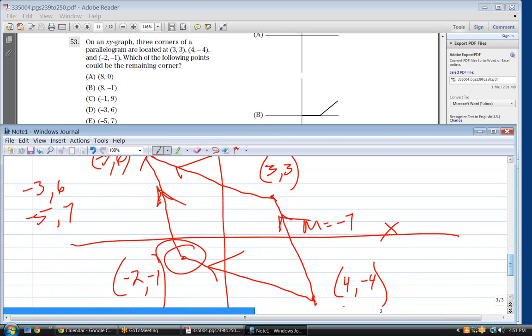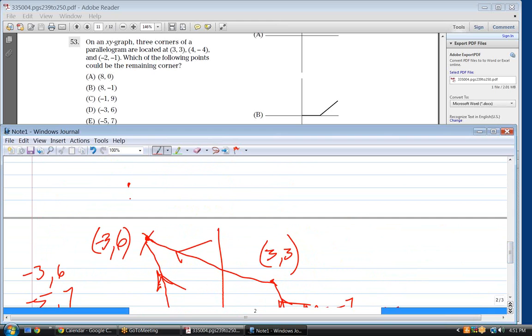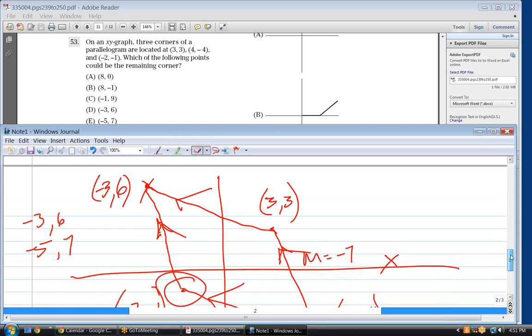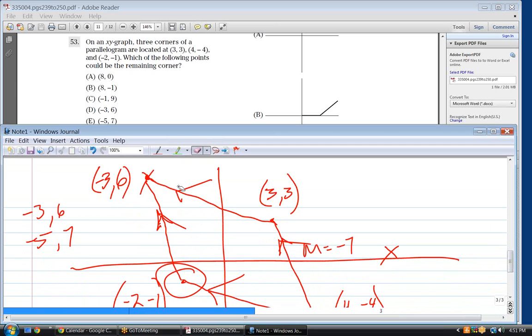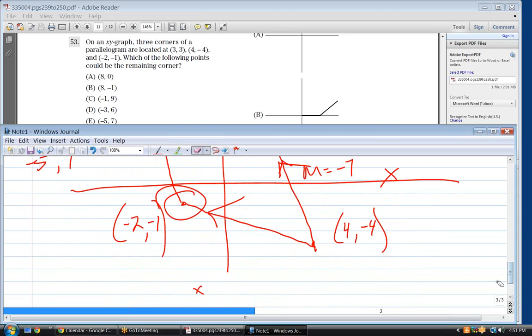Because notice that just because this is parallel doesn't make it a parallelogram. If that point was up here, it would still be parallel to the other side, but it wouldn't be a parallelogram anymore. So we do have to make this final check, to make sure this point gives us a slope of this line that matches the slope of this line. So what's the slope of the bottom line?